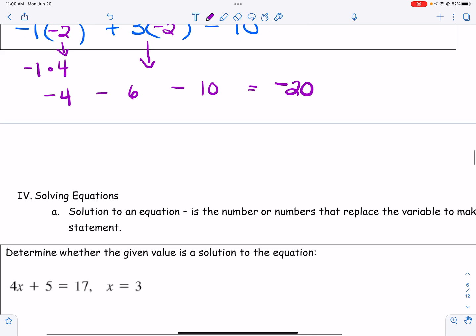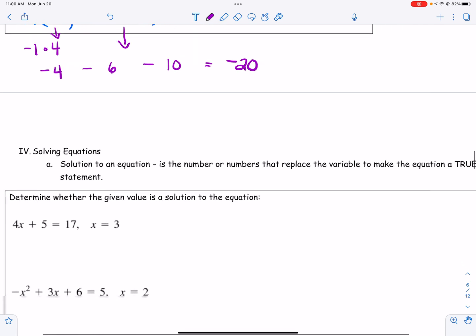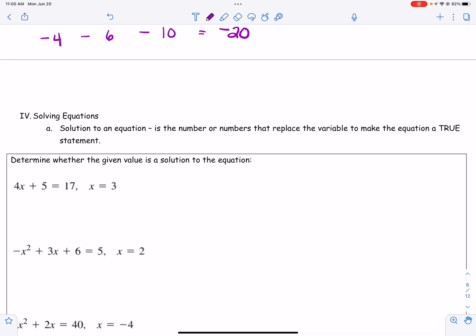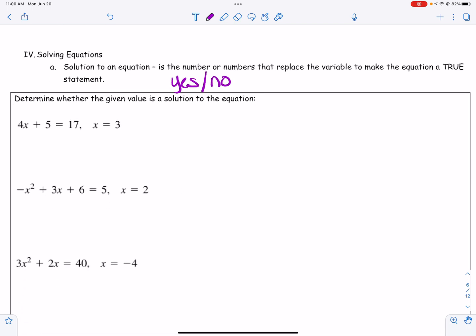Now, when we're solving equations, the first thing we have to learn how to do is to see if a number is actually a solution. And these are yes or no questions. So you're going to substitute or replace the variable with parentheses, then substitute the number and hope that it equals what it says it equals. What these look like is the following.